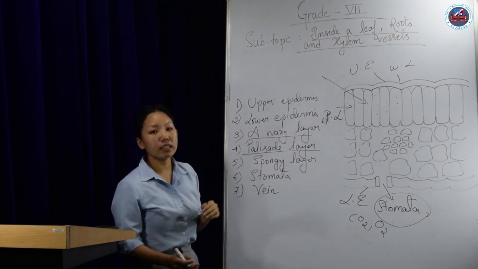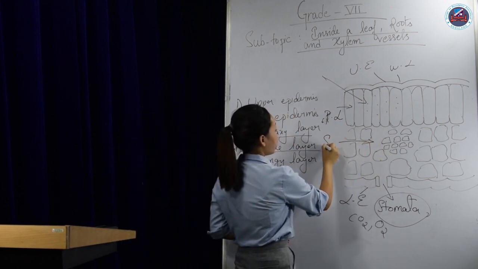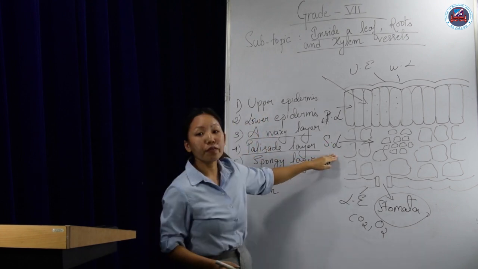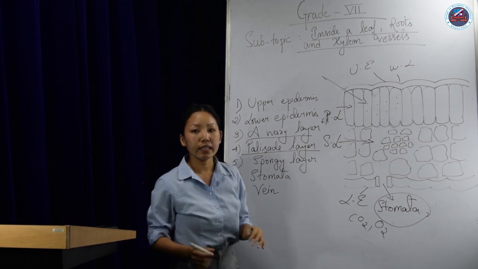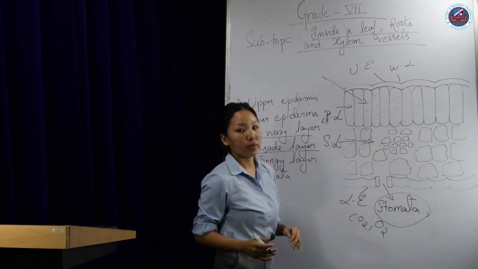Now, right underneath this palisade layer, we have the spongy layer. The key feature of this spongy layer is that it has lots of air spaces between them.